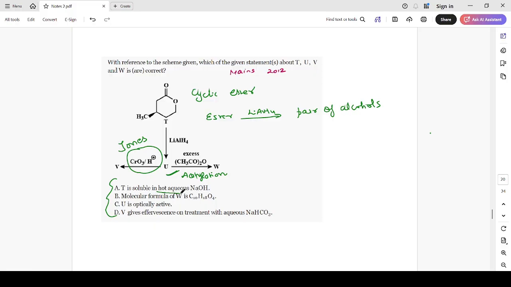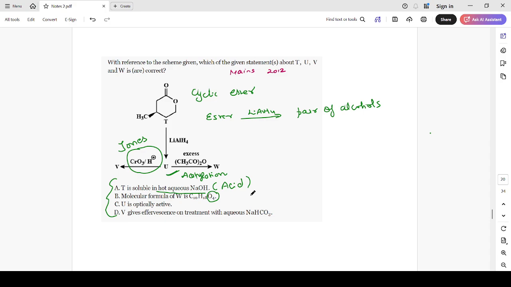T is soluble in hot aqueous NaOH. This is a base. So the one that is getting formed, if it is an acid, it will be soluble in hot aqueous NaOH. They're giving a molecular formula. You can see O4 is there. So I understand it should have 2 moles of carboxylic acid related compounds.